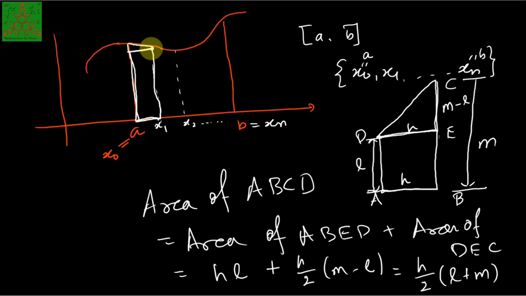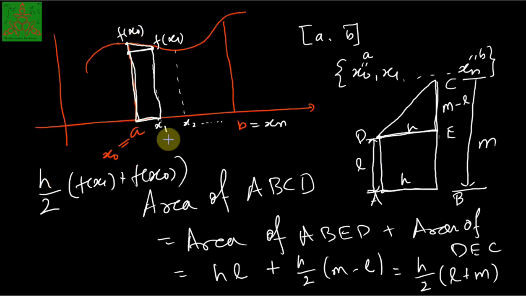This point we know is f of x1, so this height is f of x1, and the total height, that means this point, is f of x0. The area of this trapezoidum is h by 2 as per this, where instead of L we have f of x1, and instead of M we have f of x0.